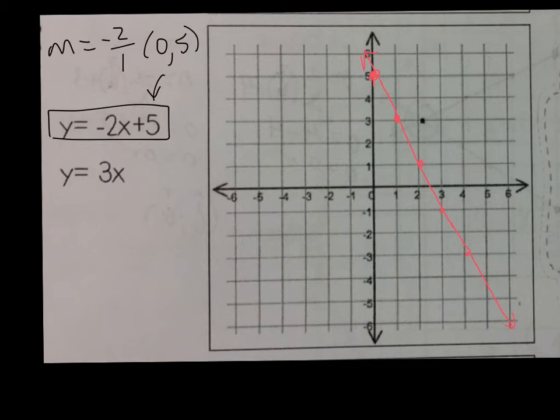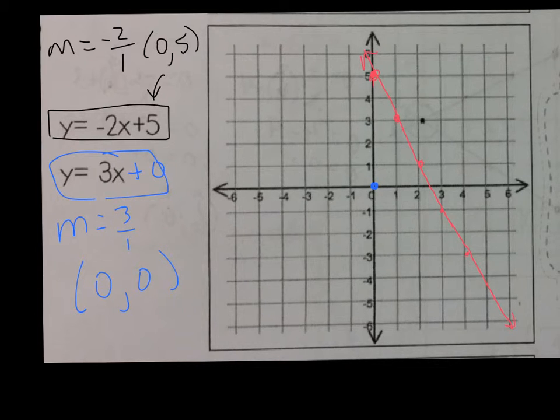The next one, we're going to use this right here. Now, I want you to notice there is no y-intercept. It's an understood plus 0. So my slope in this case is 3 over 1. My y-intercept is going to be 0, 0. So I'm going to plug in 0, 0.